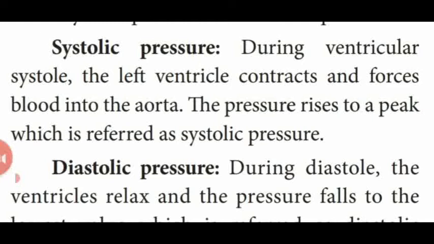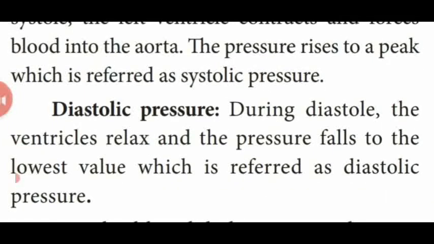In systolic pressure, the left ventricle contracts and pushes the blood into the aorta, so the pressure rises to a peak. Diastolic pressure means the ventricle relaxes and the pressure falls down to the lowest value.